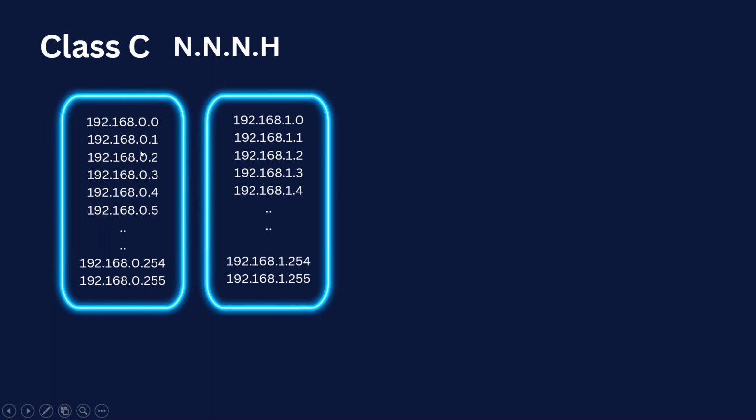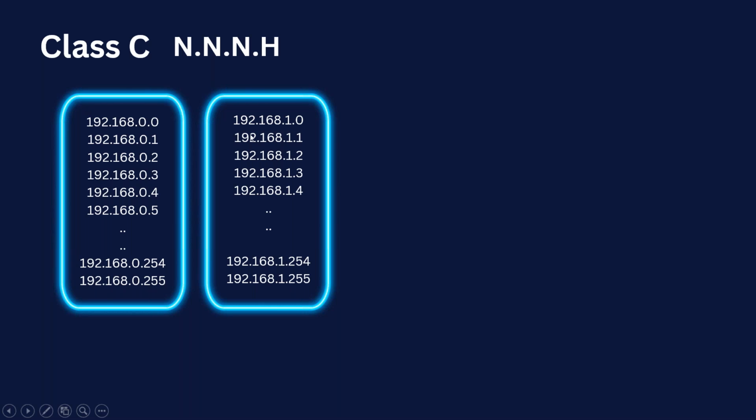So now this is a different group of IPs in a network, and this is a different group. There are 2 separate networks now. The network portion gives the identity for the network, and the host portion gives the identity for each host in that network.